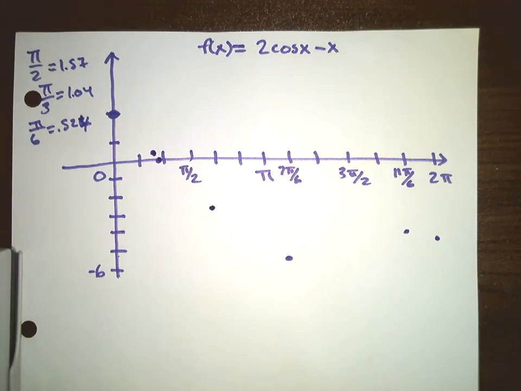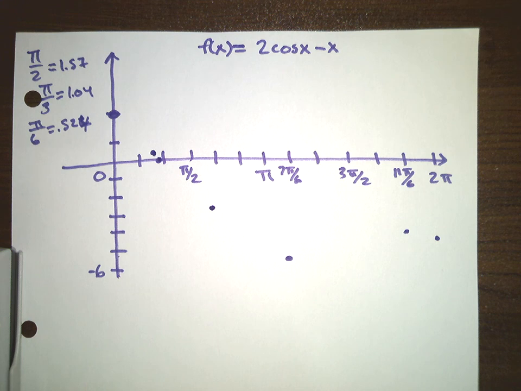Did we have any other points that we knew about? I don't think that we did. So that means we can graph this, and here we go. If you just connect the points, it should be exactly what you expect it to be.